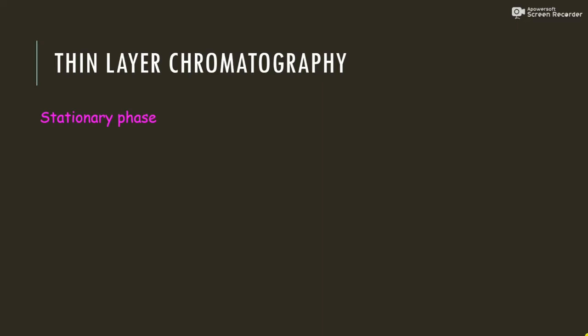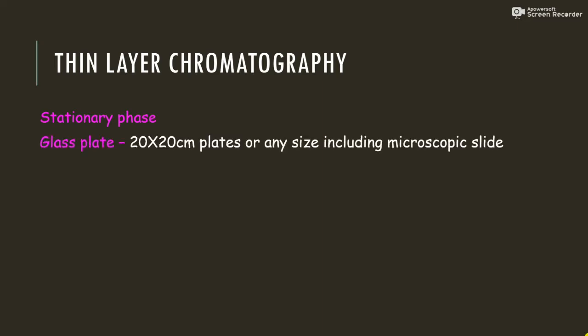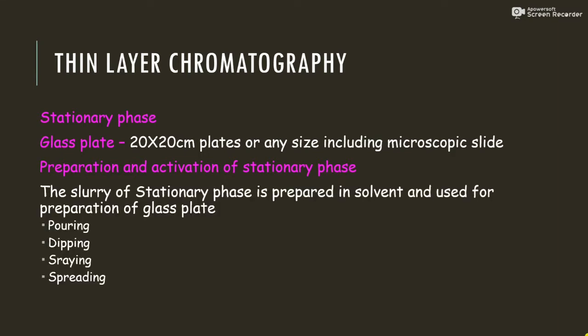The stationary phase, as I have already told, is solid in nature. Mainly glass plates are used, which are 20 by 20 centimeter plates or any size, also including the microscopic slides which we use in the pharmacognosy lab. Then the preparation and activation of the stationary phase. The slurry of stationary phase is prepared in solvent and used for preparation of the glass plate.